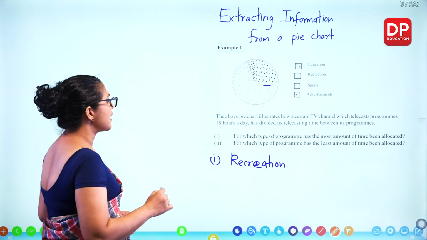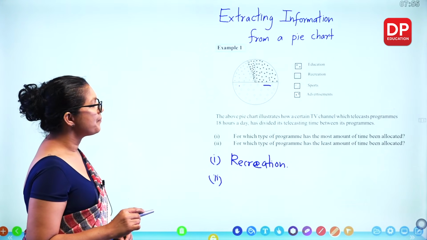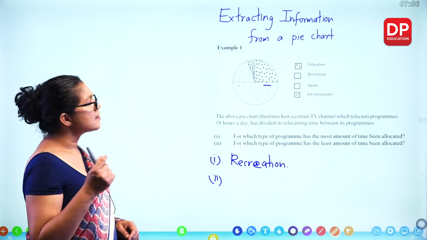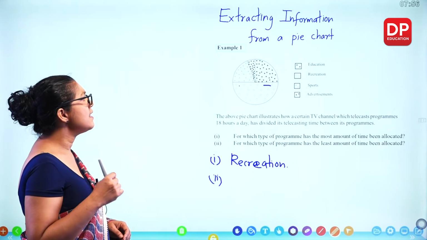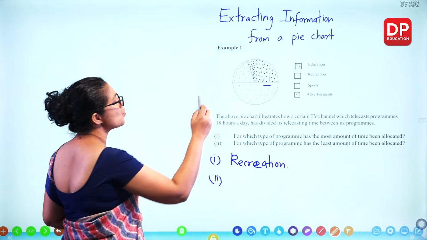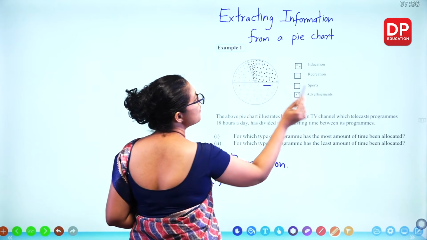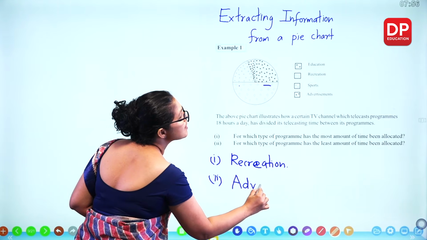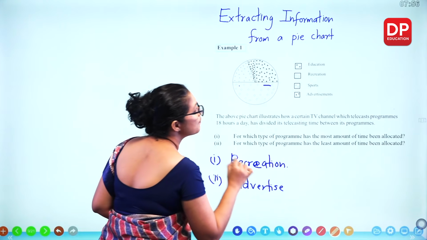Then the second part they ask, which type of program has the least amount of time been allocated. So the smallest sector, the angle at the center should be the smallest. So which one is the smallest? This part. So that's advertisements. So here we can write advertisements takes less time.